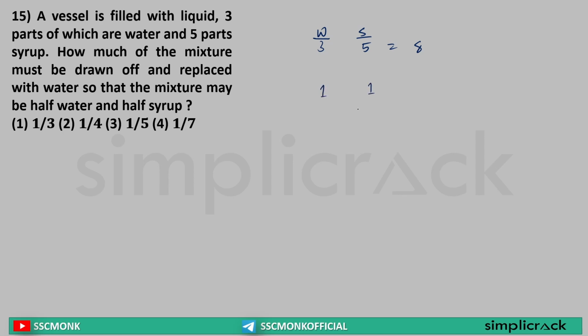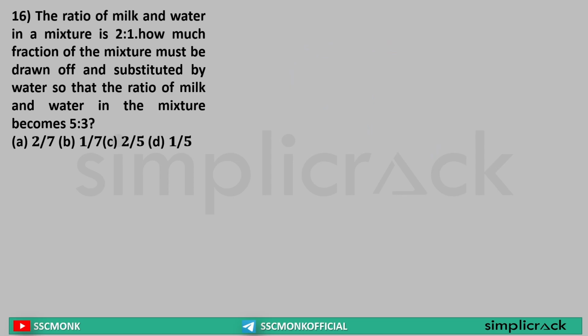What I told you, I have to make it equal. So it will be 4. It will be 4. Clear? Because the total quantity should be 8. So water has been added plus 1. Syrup has been taken out minus 1. So how much has it taken out? 1 part out of 5. So the fraction that has been taken out is equal to 1 by 5. Clear?